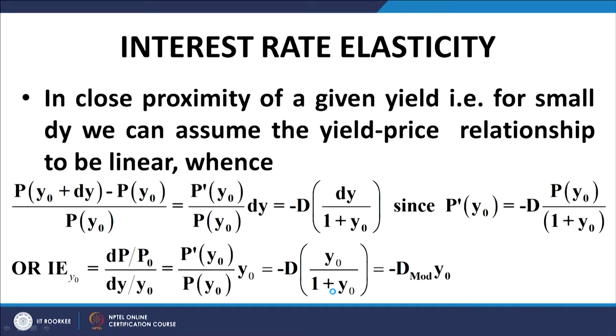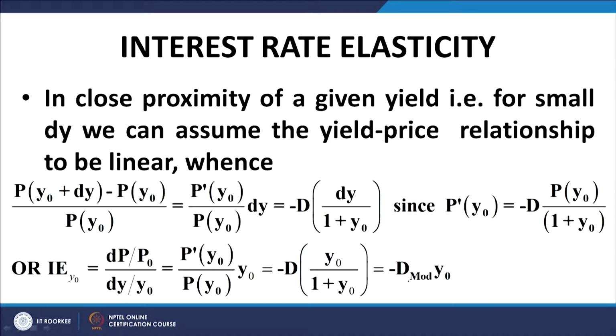Then we have another important measure called the interest rate elasticity. It is given by the ratio of the percentage change in price and the percentage change in YTM. Therefore, it is dP upon P0, which is the percentage change in price, divided by dy upon y0, which is the percentage change in YTM around the point of reference.